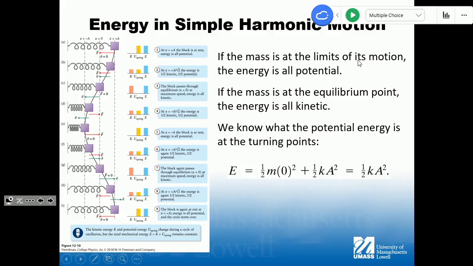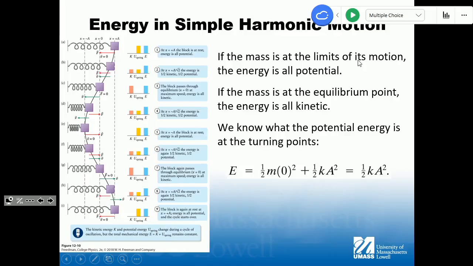Because at either end, the stretch is A. The amplitude is A. Correct? The K is 0 because it's not moving at each end. So the total energy at any end is 1/2 kA squared, which means the total energy at any point during the motion must be 1/2 kA squared.